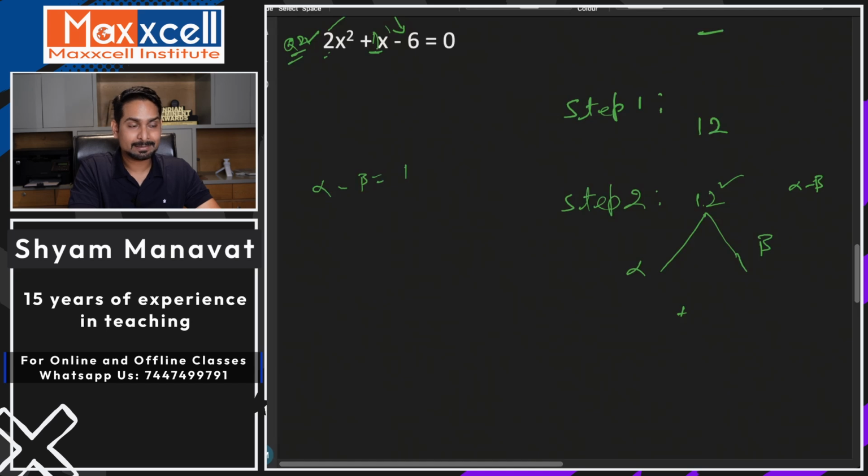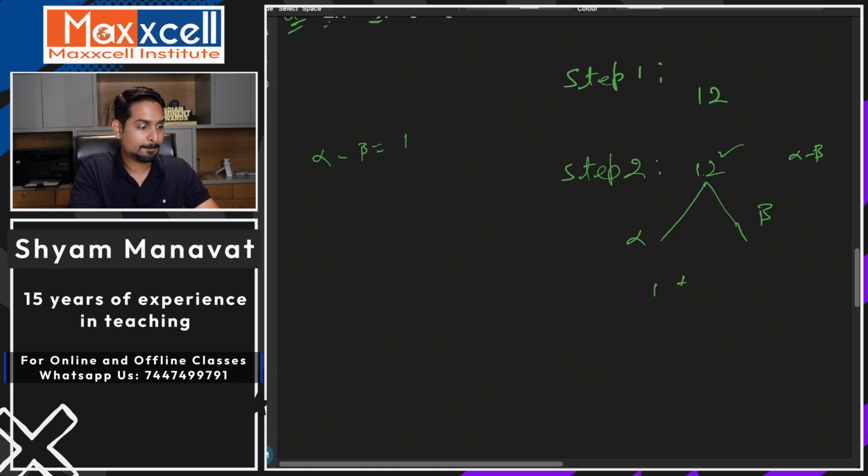Okay, let's see. This 12 I can split in various ways. 12 into 1 is 12, 6 into 2 is 12, 4 into 3 is 12. These are different ways we can express 12 as a product of two numbers.